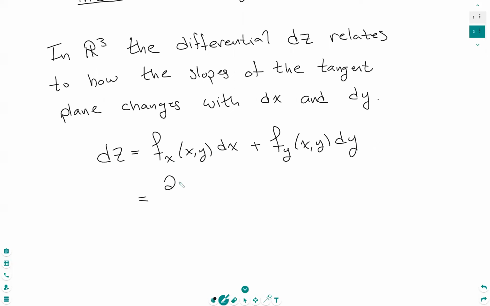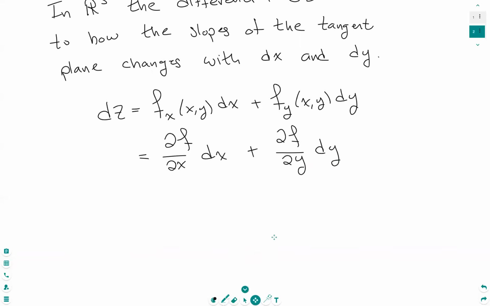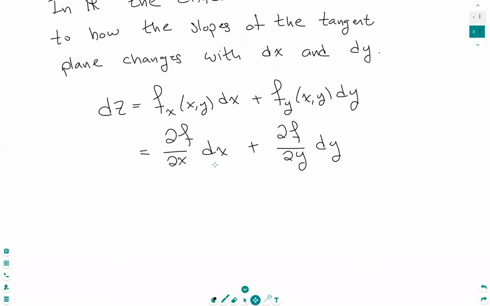Or this is partial f partial x dx plus partial f partial y dy. It's worth noting that these do not cancel because this is a partial x and this is a dx.